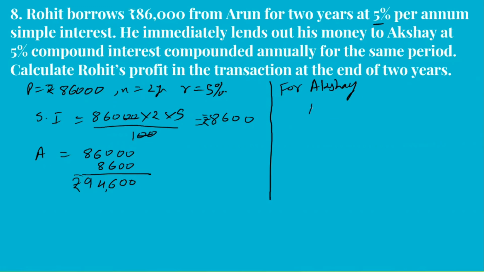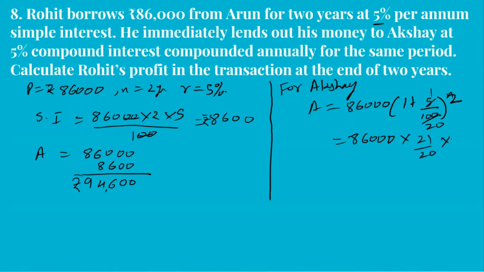So for Akshay, amount is equal to P, which is 86,000 in bracket 1 plus R is again the rate of interest is same. He took by simple interest and gave by compound interest raised to N. So 5 raised to 2 here, 5 ones are 5 and 5 20s are 100. So 86,000 multiplied by 20 plus 1, 21 upon 20 into 21 upon 20.